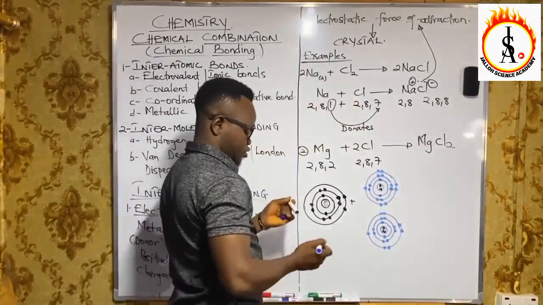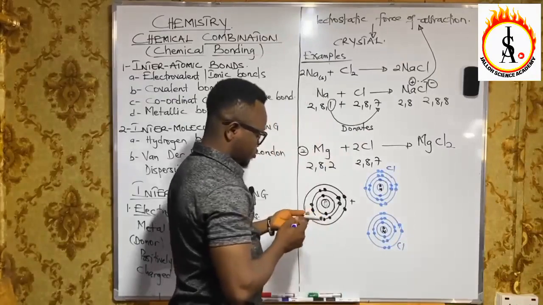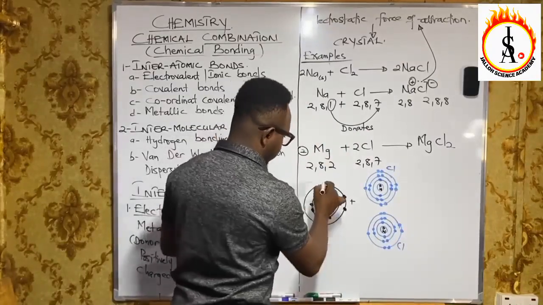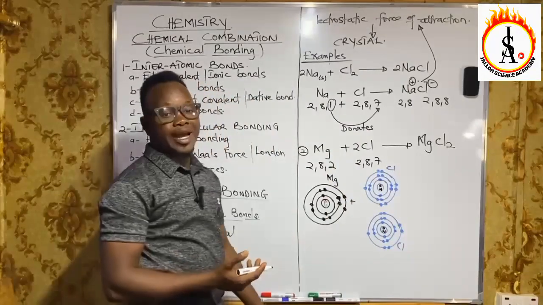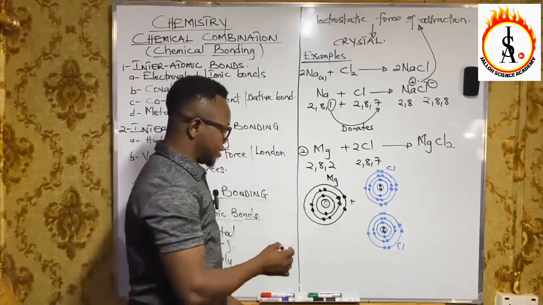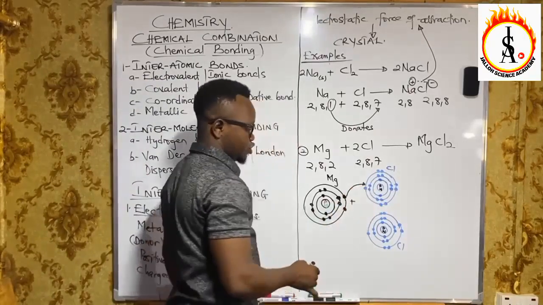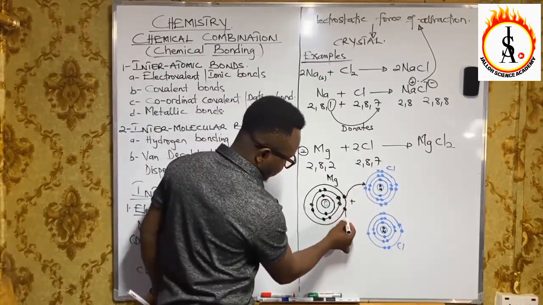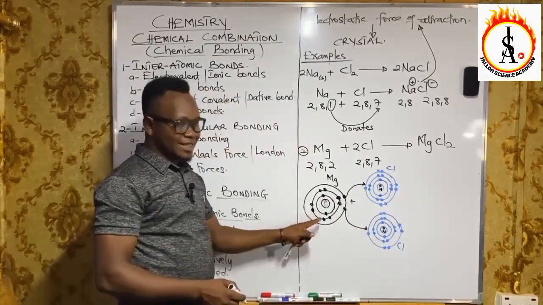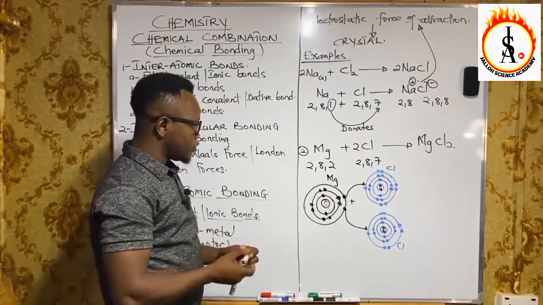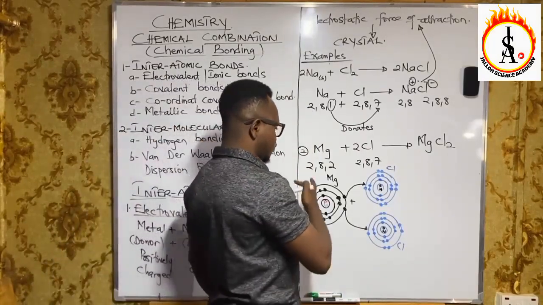So this is chlorine, this is chlorine, and this is magnesium. So when these species react, magnesium being the metal, what happened? One of these electrons is going to be donated to this chlorine atom here, and this other electron donated to this chlorine atom.